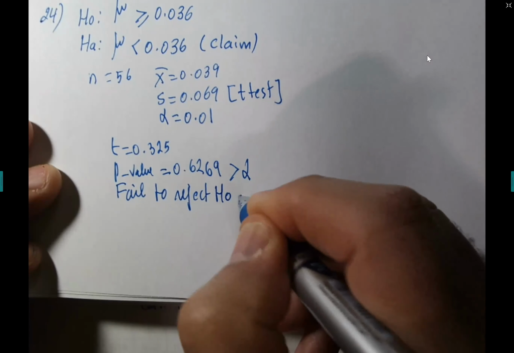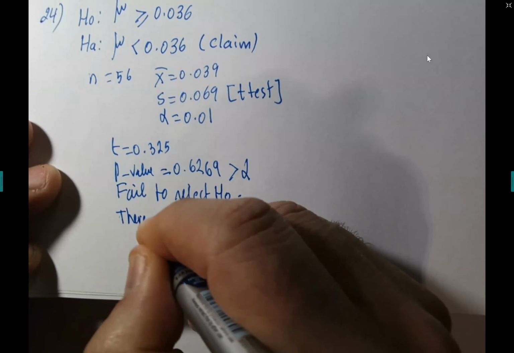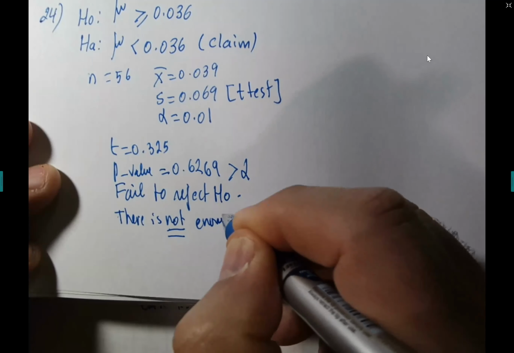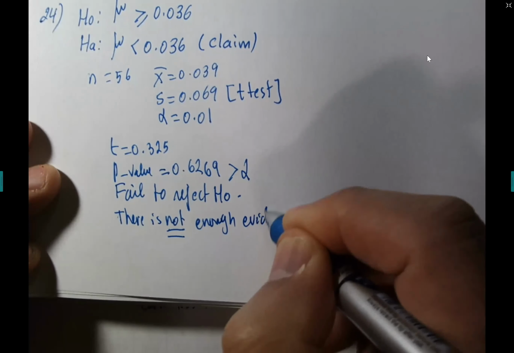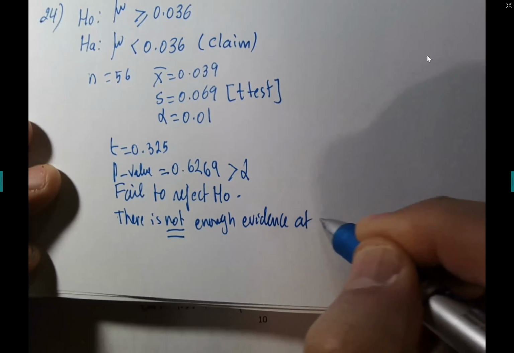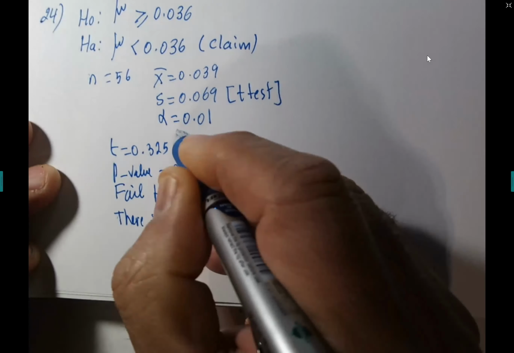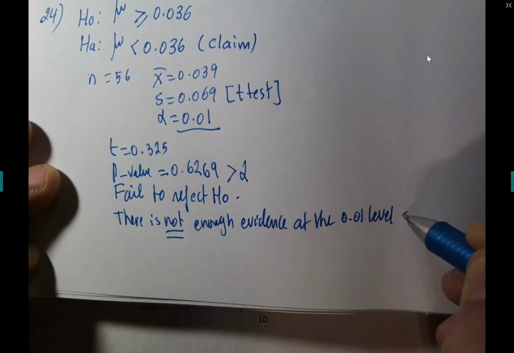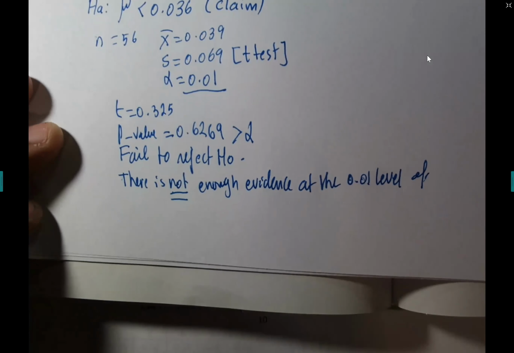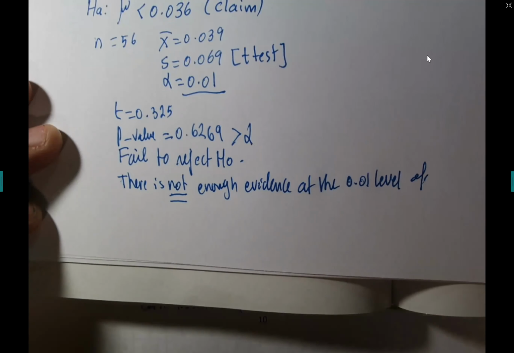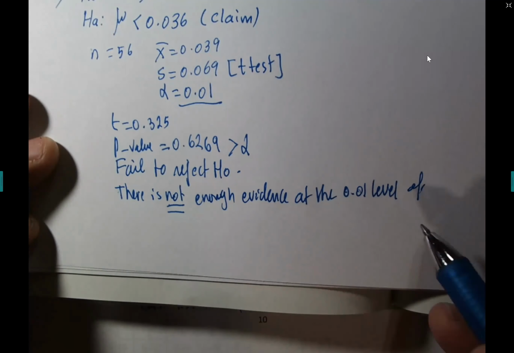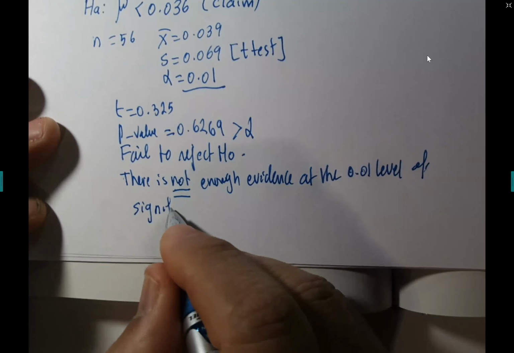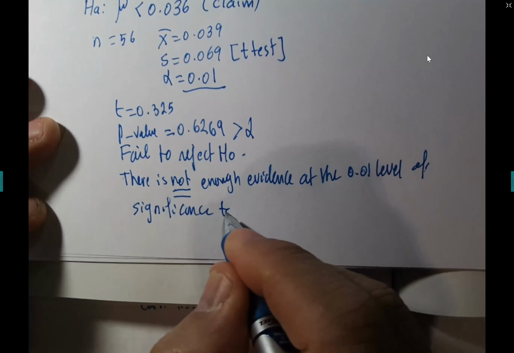Fail to reject H0, and then you state, there is not enough evidence at the 1%, 0.01 level of significance. Sometimes he gives you that as a decimal, other times he uses a percent, it doesn't matter. At the 0.01 level of significance to support the claim.